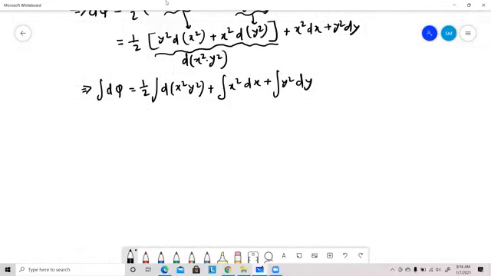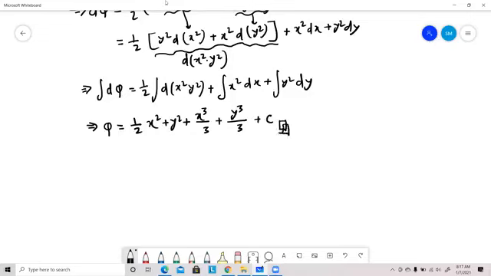So phi equals half of x square y square plus x cube by 3 plus y cube by 3 plus integrating constant c. So which is the required scalar potential function?